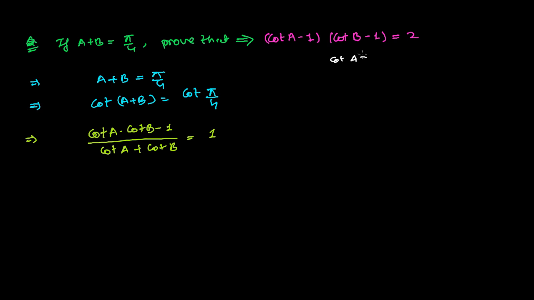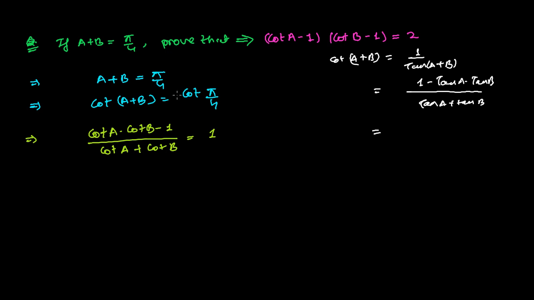Cot a plus b is equal to 1 over tan a plus b, and I'm sure you know the value of tan a plus b. Tan a plus b will be tan a plus tan b divided by 1 minus tan a times tan b, right?